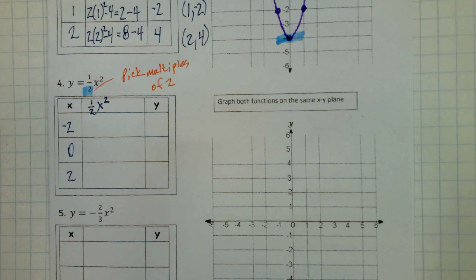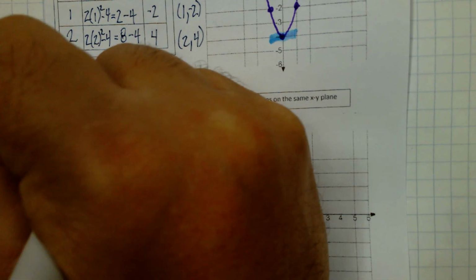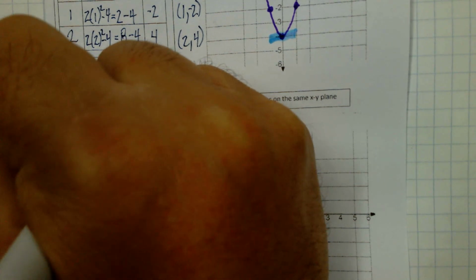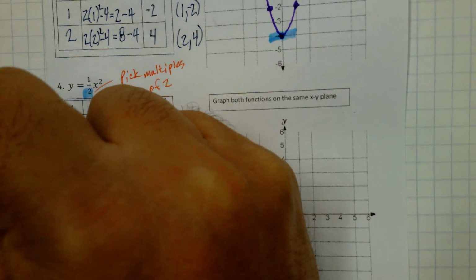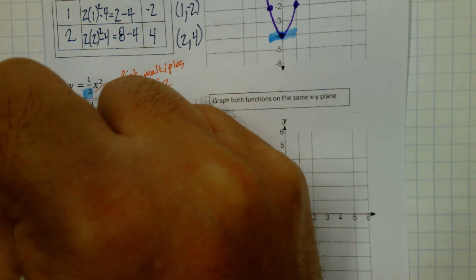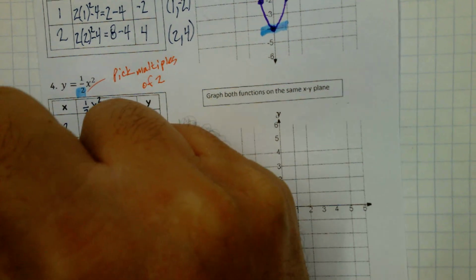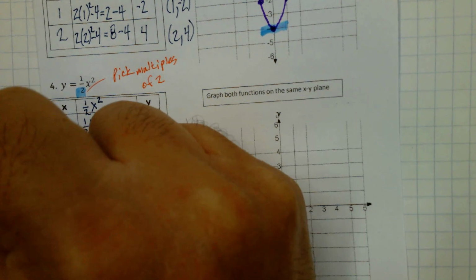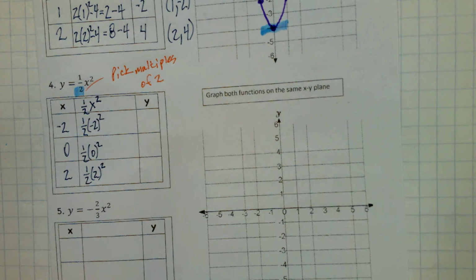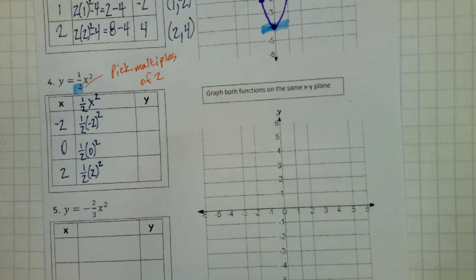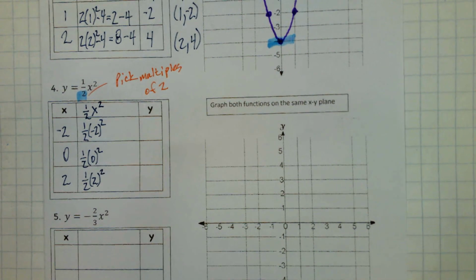Multiples of 2 because of the denominator. Now, let's do the math. 1/2 times -2 squared. 1/2 times 0 squared. 1/2 times 2 squared. Okay? All right. So you guys ready?